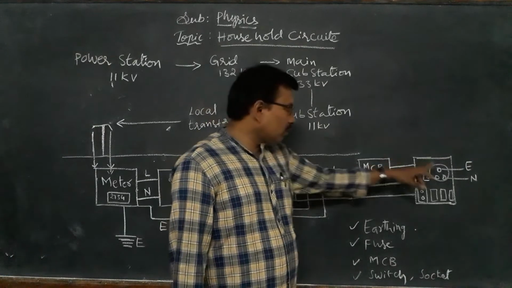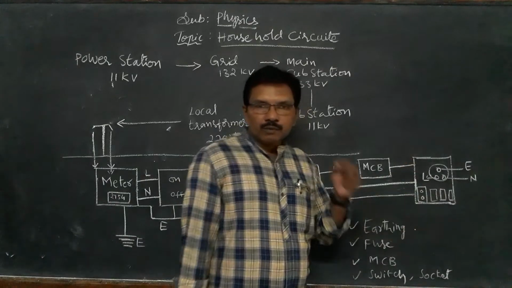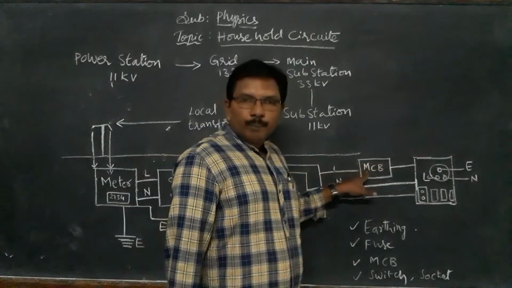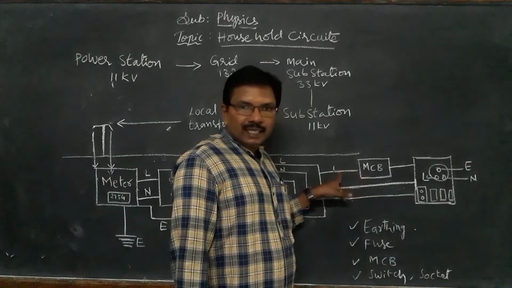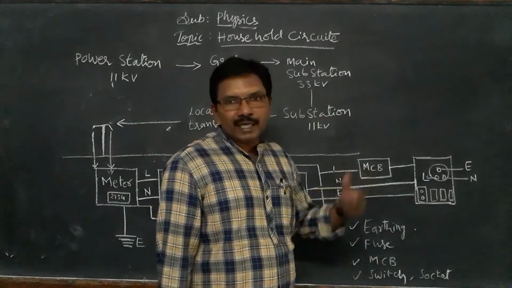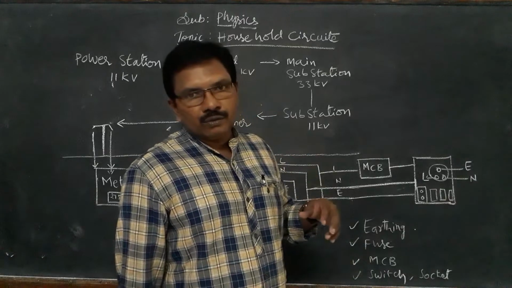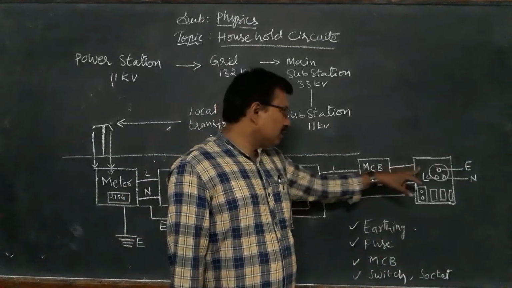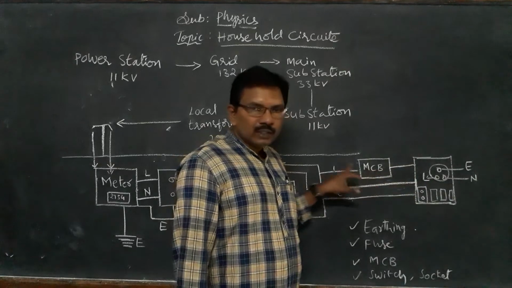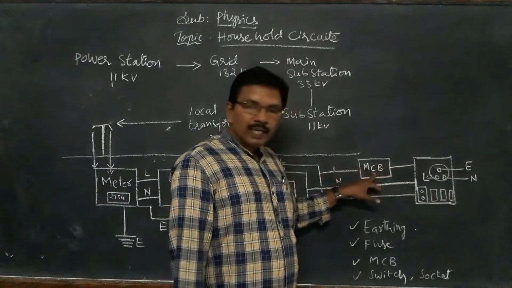If anything goes wrong in the connection, for small heat only it will trip. That means it disconnects the live wire. The MCB also works like a fuse. Before entering every room, the live wire passes through the MCB.